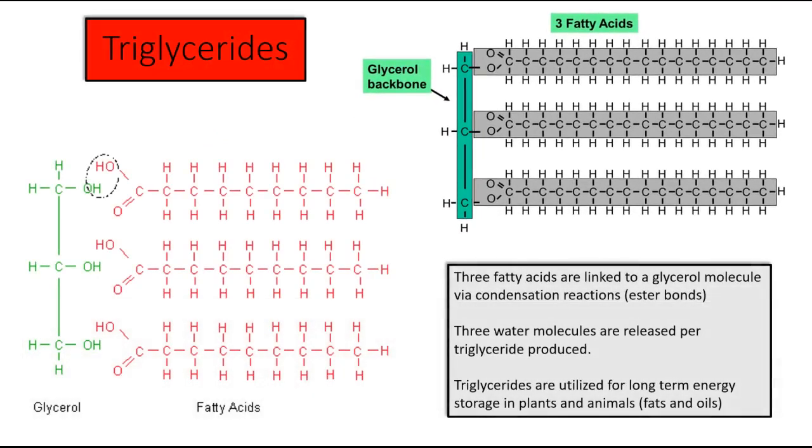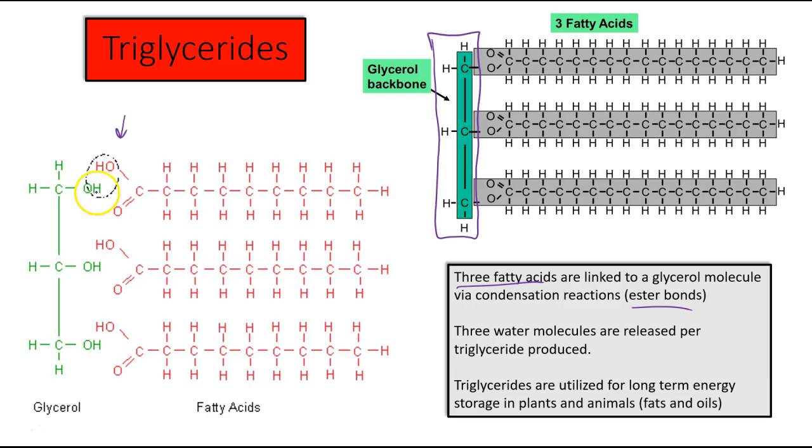If we focus on triglycerides, like I just talked about, they have 3 fatty acids, and they are linked to the glycerol backbone, or the glycerol head, by ester bonds. Now how do the fatty acids actually bond to the glycerol? You can see right here. It is the same kind of condensation reaction we've been talking about in the last 2 videos.